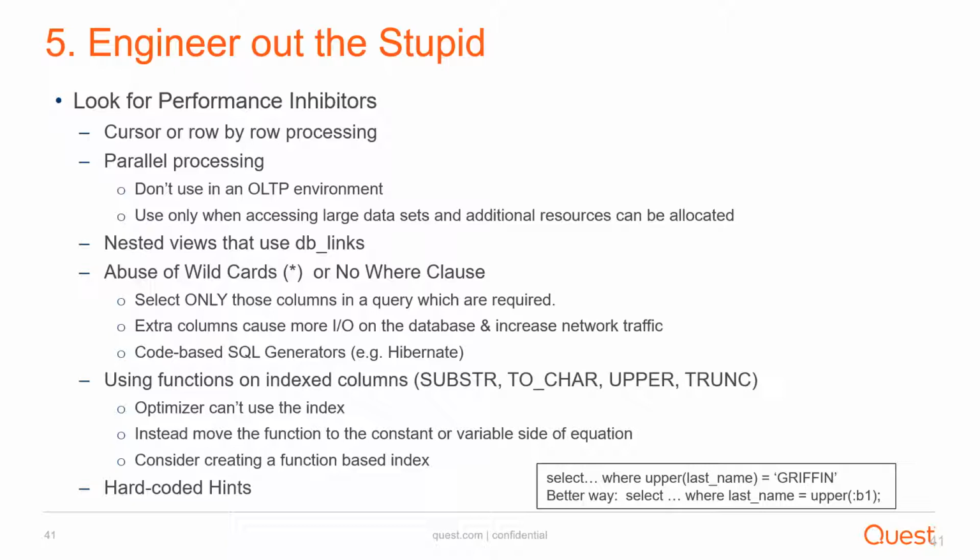Also, using functions on index columns actually slows things down, because the optimizer can't use an index. Instead, move the function to the constant. I saw this the other day from a customer: they were selecting last name and uppering it, and actually passing in a literal. I suggested they put a bind variable in it and then upper on that side.